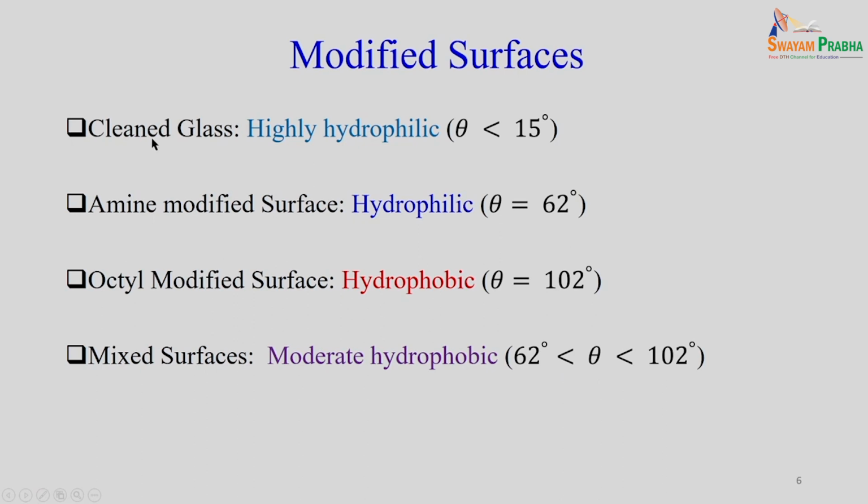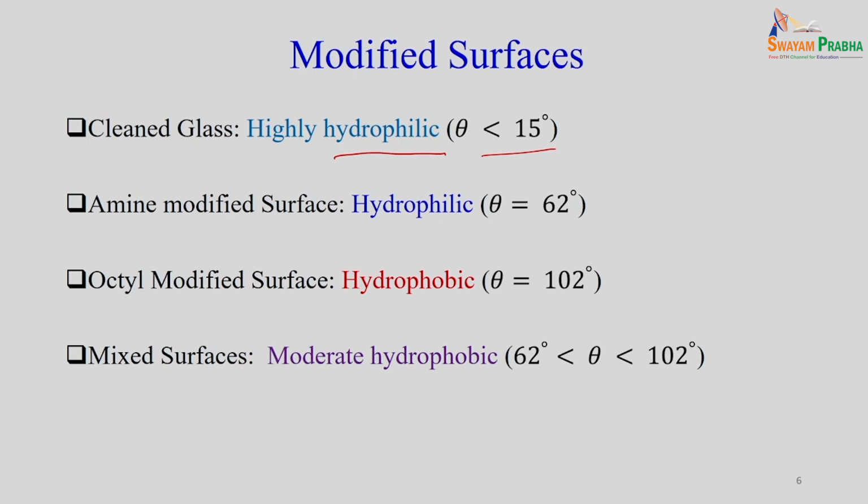Now, what are the different surfaces we have used in this study? First is the clean glass surface. It is highly hydrophilic, the contact angle is less than 15 degree. The second one was the amine modified surface. The surface modification part we will be discussing in modules 7 and 8.